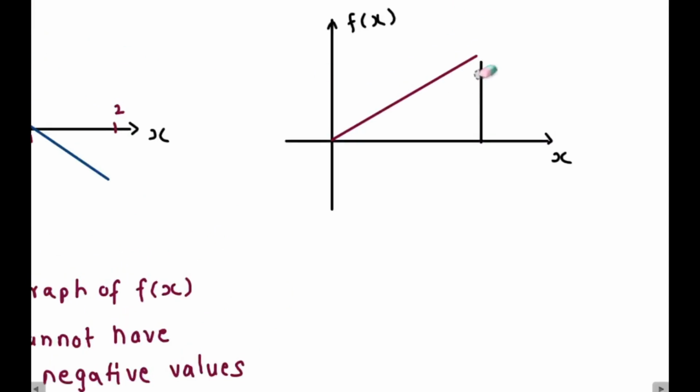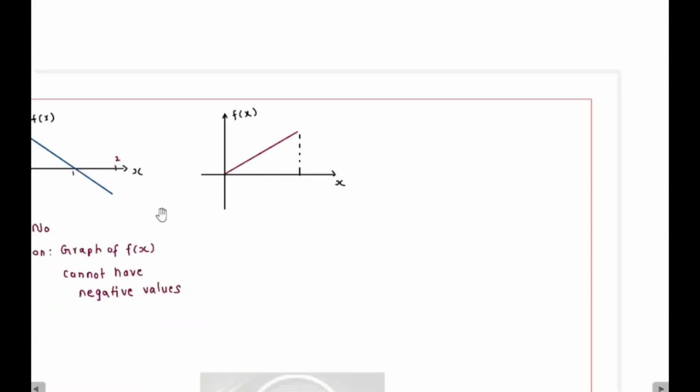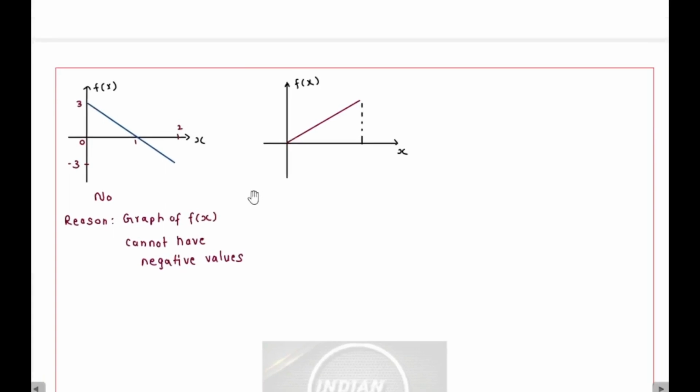I'm just trying to keep the boundary here. Let me say this particular value is 5 and this particular value is 10 and this is 0. This is the graph of f of x, and I ask you whether this graph represents a probability density function of some continuous random variable x.